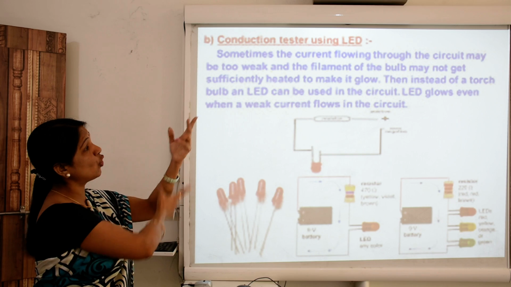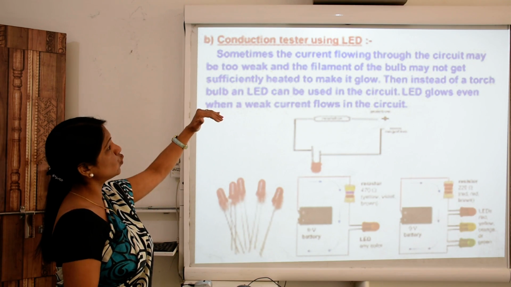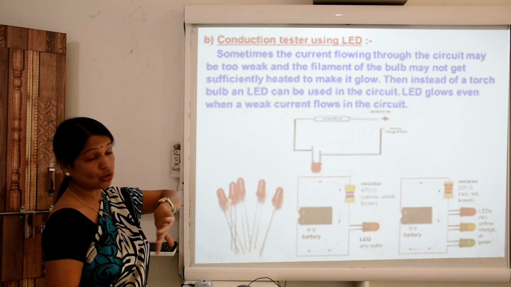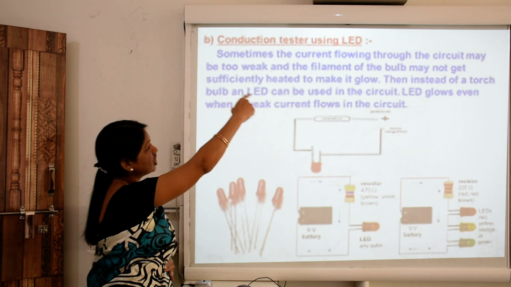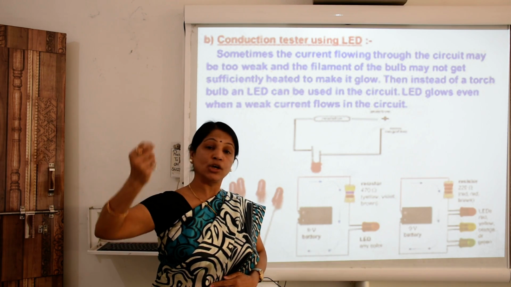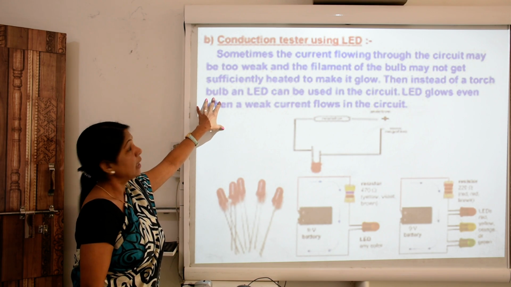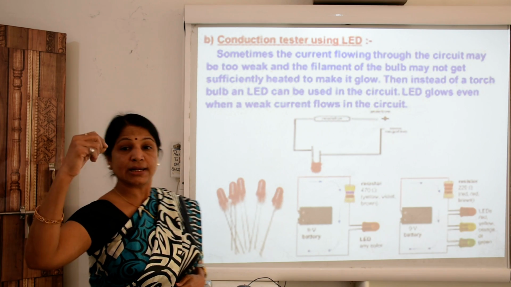Sometimes the current flowing through the circuit may be too weak. Whether weak or strong, the filament of the bulb may not get sufficiently heated to make it glow. Then, instead of a torch bulb, an LED can be used in the electric circuit.